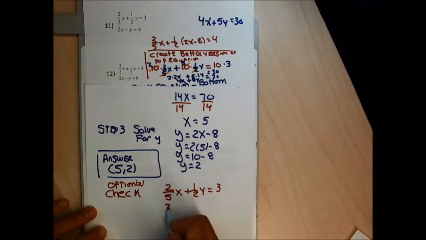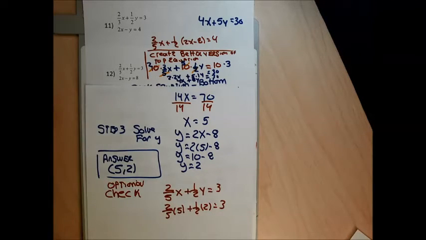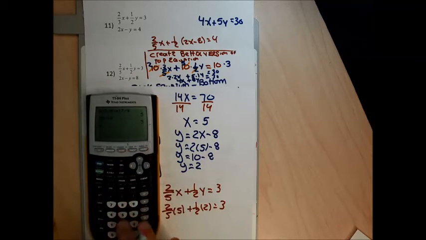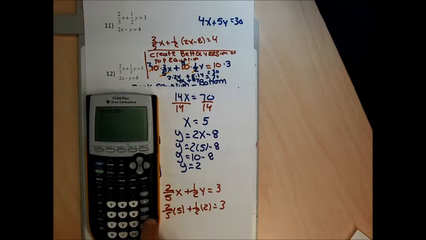To check, it should be 2/5 times 5 plus 1/2 times 2 equals 3. Let me do that on my calculator. So on my calculator, clear, 2 divided by 5 times 5 plus 1 divided by 2 times 2, and that better equal 3, which it does.